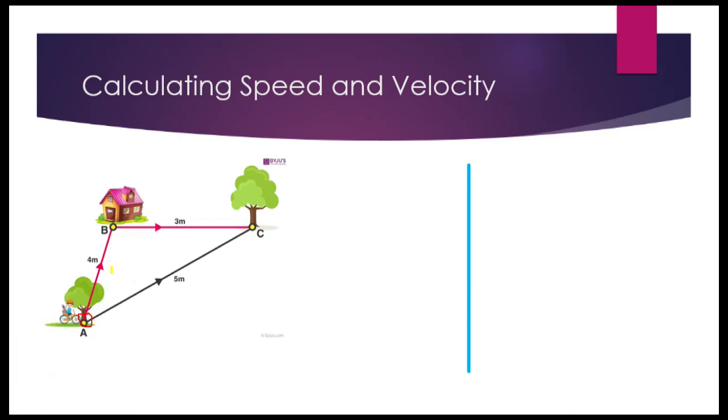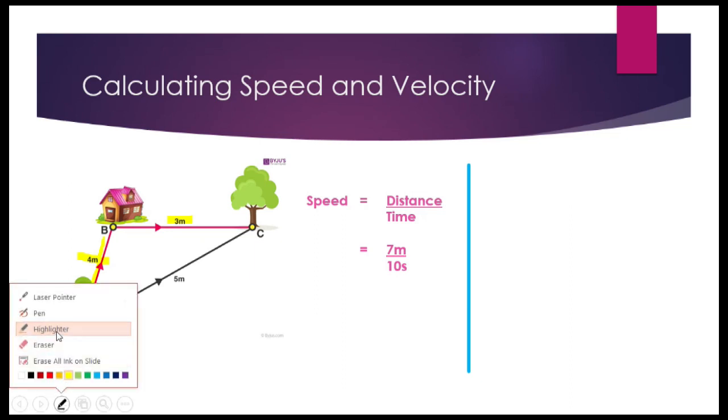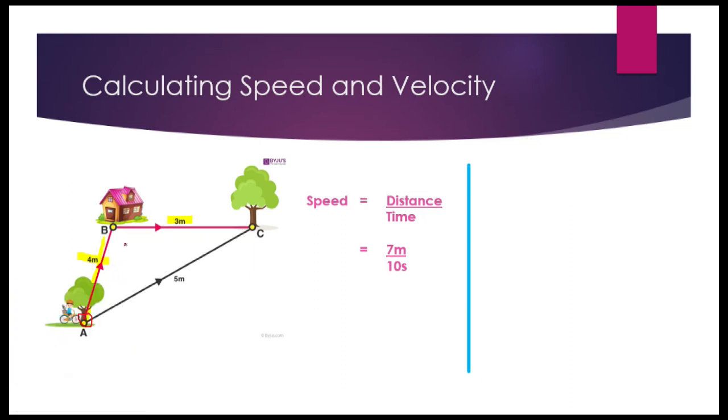To find the speed, you should find the distance: the length of the path traveled, 4 meters plus 3 meters, altogether 7 meters. The time taken for this travel, consider it as 10 seconds. So you have to divide 7 meters by 10 seconds. The answer becomes 0.7 meters per second. Meters per second is the unit of measuring speed.